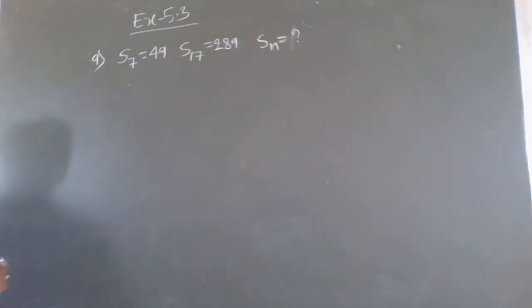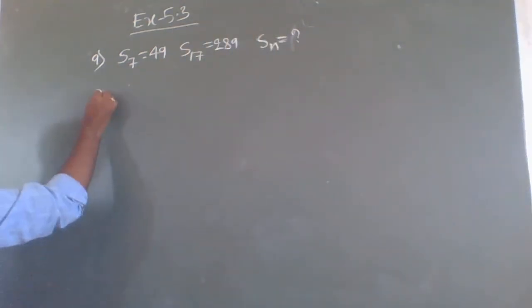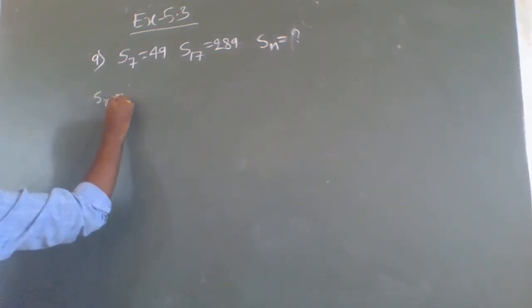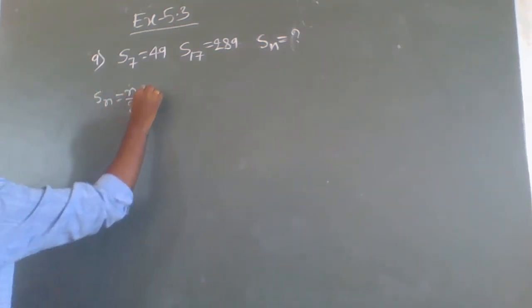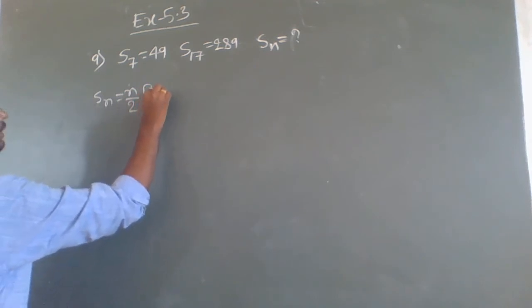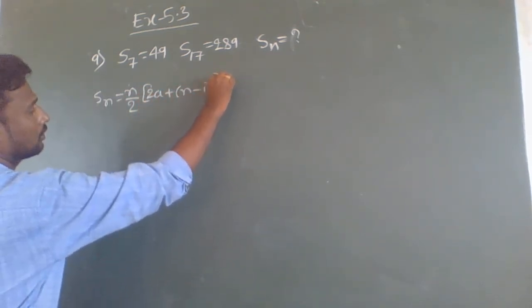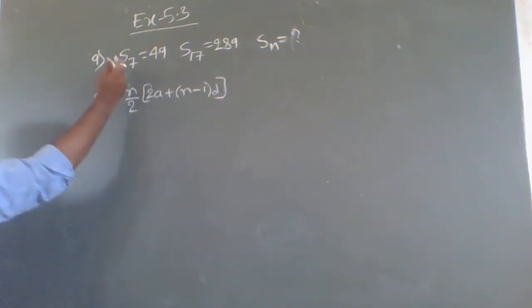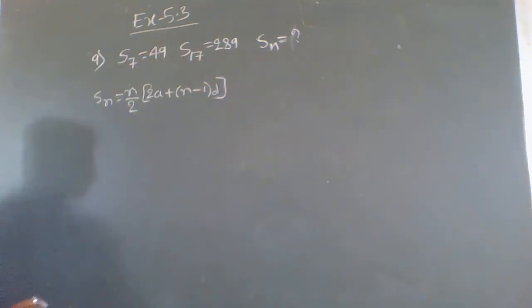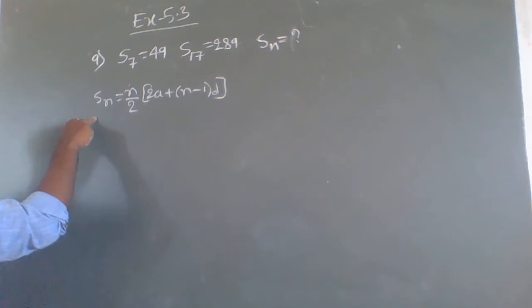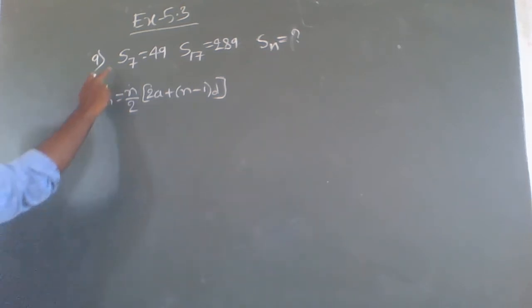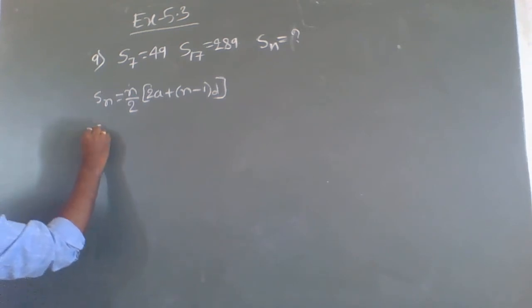Okay. So now I will use the formula Sn is equal to n by 2 into bracket 2a plus n minus 1 into d for both S7 and S17. First I will use this formula for S7. Here I will consider S7 as Sn.